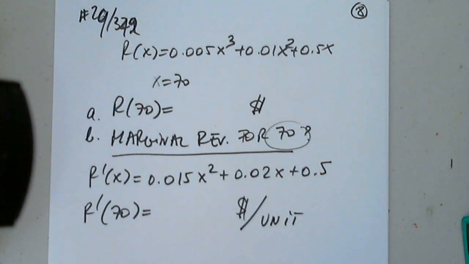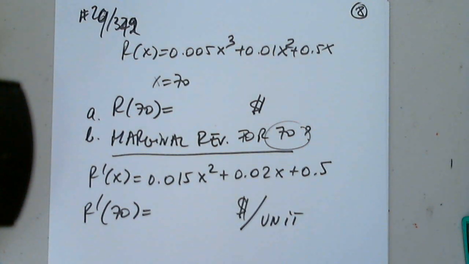I'm going to punch in both functions. In y equals, clear. So the function first, 0.005 x cubed plus 0.01 x squared plus 0.5x.